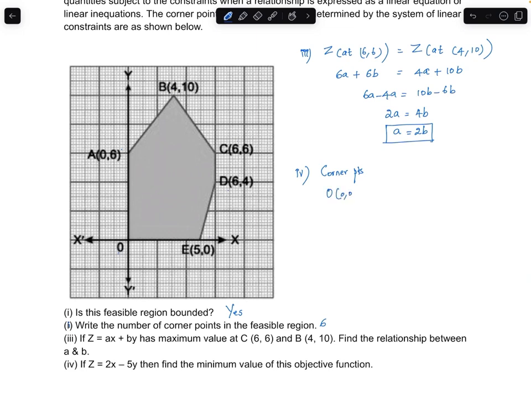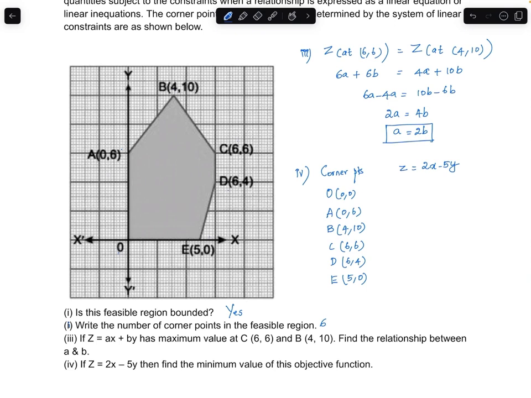Origin (0, 0), A (0, 6), B (4, 10), C (6, 6), D (6, 4) and E (5, 0). So we have to find out the value of z in all these places. z is equal to 2x minus 5y.